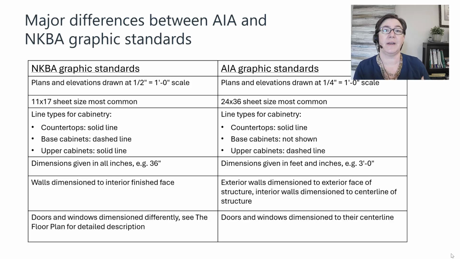NKBA is interested in the finished face only, so all walls are dimensioned to the interior finished face. Finally, doors and windows are dimensioned differently. AIA dimensions to their center line, NKBA dimensions to the casing, and I'll go into more detail about that when we look at the floor plan.